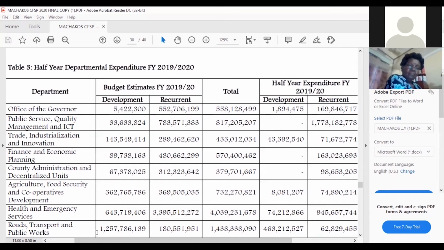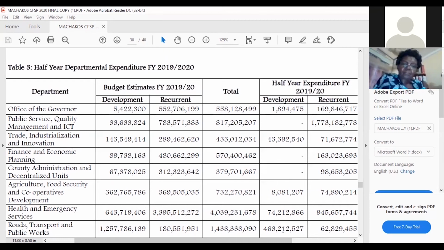But if you look at roads, it got like 1 billion for development and recurrent 182 million. So it took the largest chunk. And you can see that that brings the total to 1.4 billion.